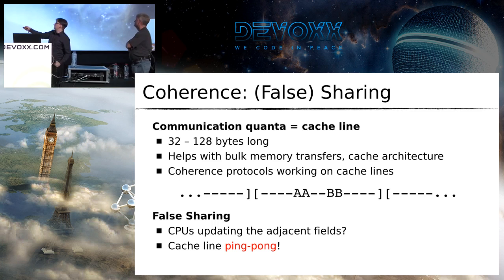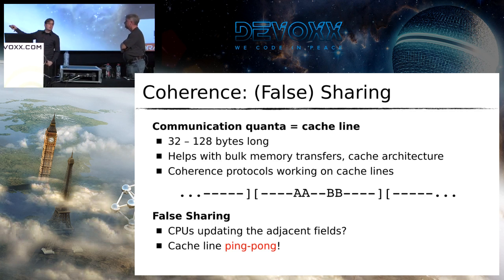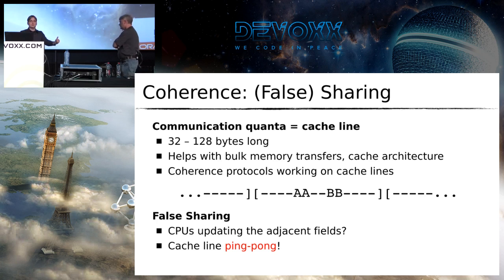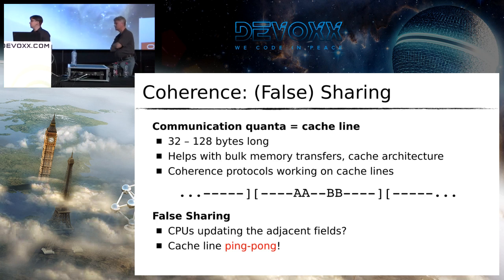Imagine that CPU A is updating field A and CPU B is updating field B. What would happen is that if a CPU wants to write to a particular memory location, it has to assume ownership of the cache line that holds that value. That means if the CPUs are writing into this location, they will ping-pong that cache line through the memory hierarchy, effectively getting lots of memory bandwidth consumed just for this ping-pong.